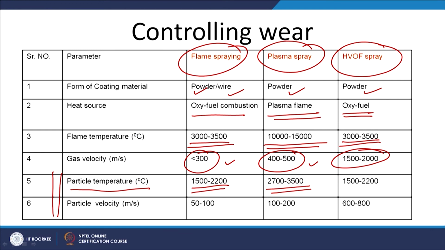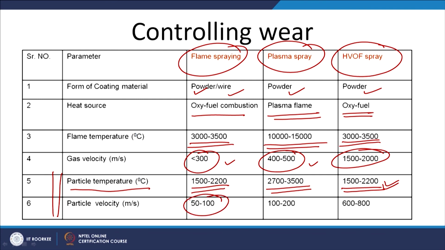So, there is more tendency for thermal damage, while in case of the HVOF spray, again it is 1500 to 2200 degree centigrade. But since the particle velocity is too high, there may not be any melting in case of the HVOF process, or the melting may be very limited at the surface only. So, the semi-molten state may be realized in case of the HVOF process.